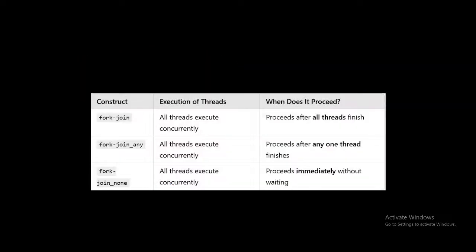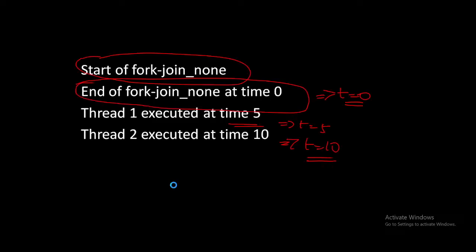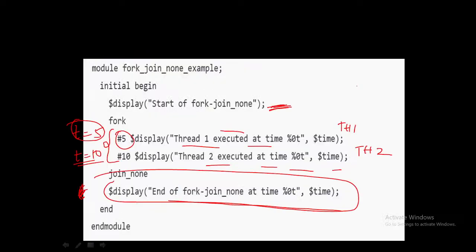So these are the three types of threads we have in SystemVerilog: fork join, fork join any, and fork join none.